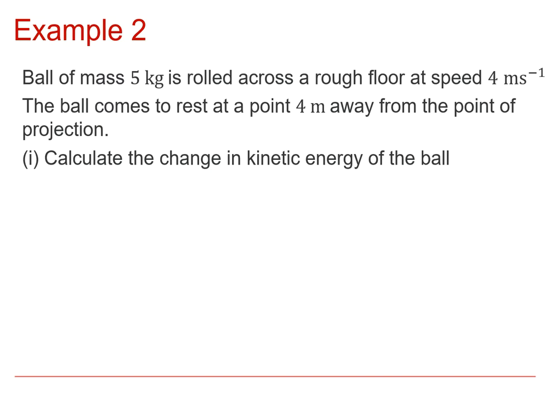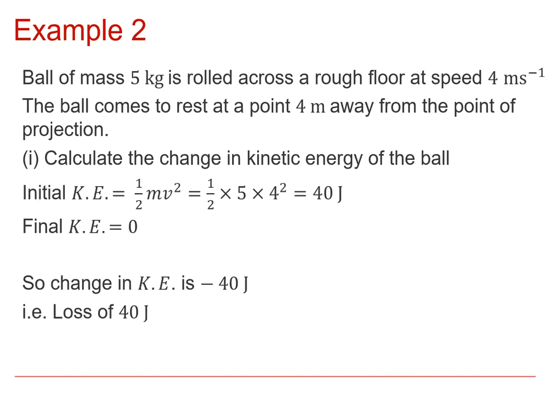Remember that when something's at rest, its kinetic energy is zero. So all we need to do is work out its kinetic energy at the start. It's got a speed of 4 meters per second and a mass of 5 kilograms, so its initial kinetic energy is 40 joules. Because it comes to rest, its final kinetic energy is 0 joules, and so the change is minus 40 joules. In other words, it's lost 40 joules of kinetic energy in that process. So that's part 1 done.